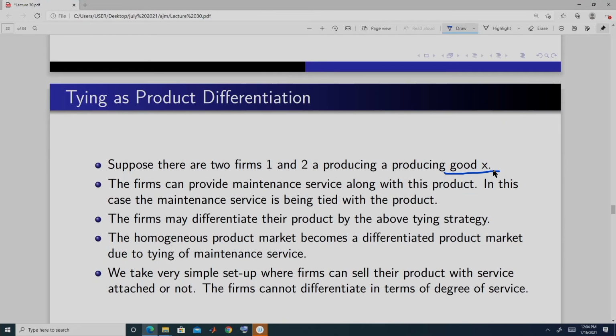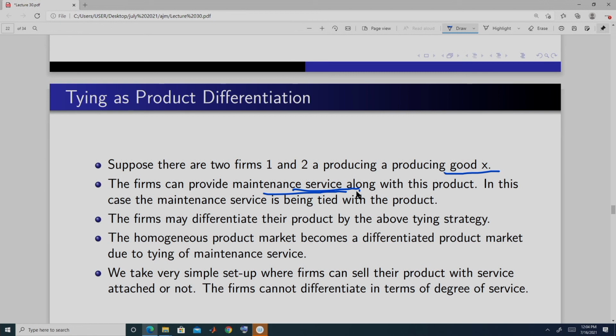this X, but you require some kind of maintenance service for this good. So, by providing maintenance service and by not providing maintenance service, you can differentiate this product. So, as a product itself, it is homogeneous, but by adding this maintenance service, you are differentiating it.